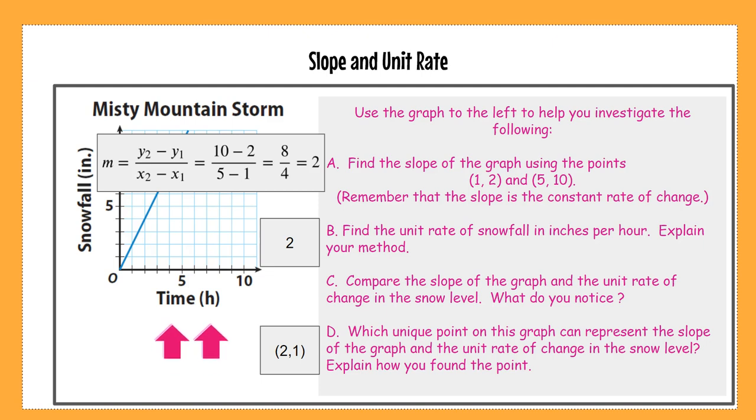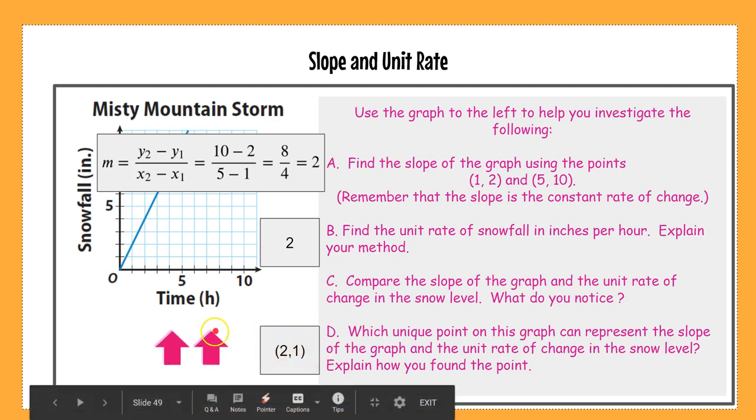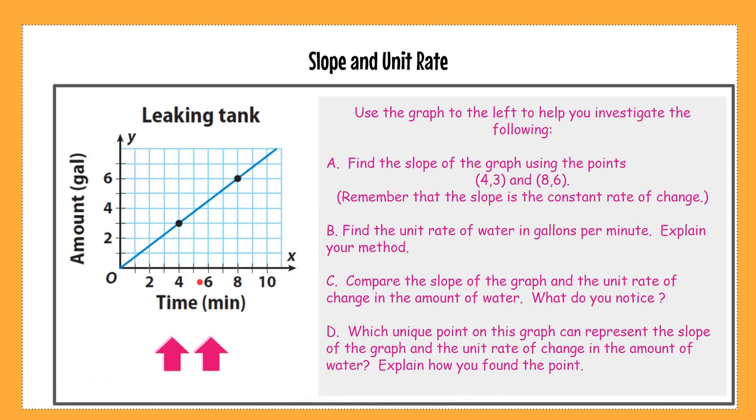If I compare the slope to the unit rate, what do I see? They're the same. And which unique point on this graph can represent the slope of the graph and the unit rate? Well, if I go to the point (1, 2), that is the point that represents both of them. Sorry, I put it in the wrong order before. It should be (1, 2). So right there is the point that represents both of those.